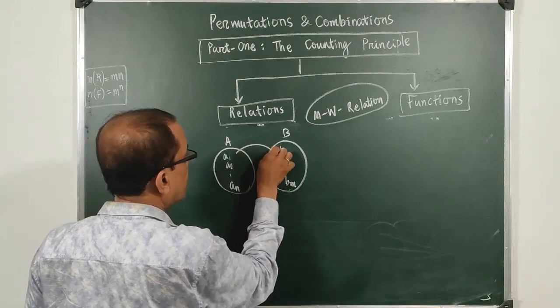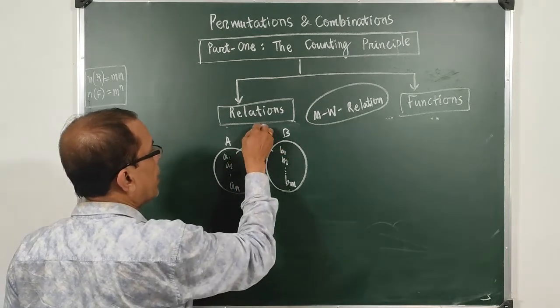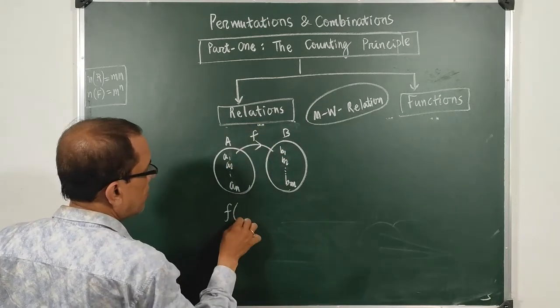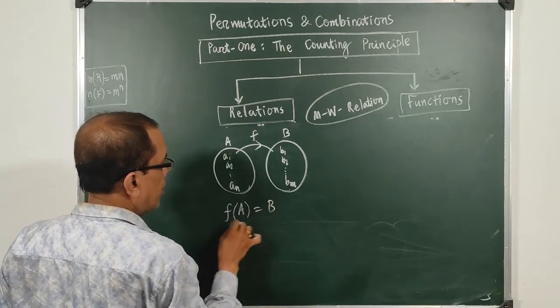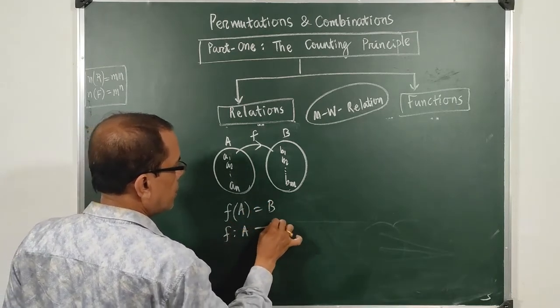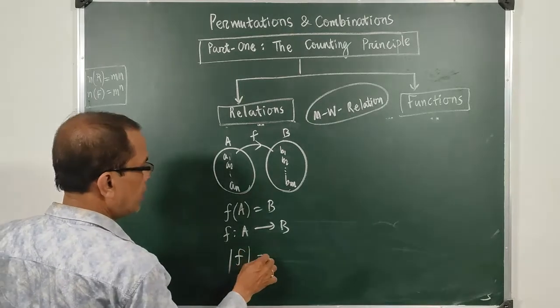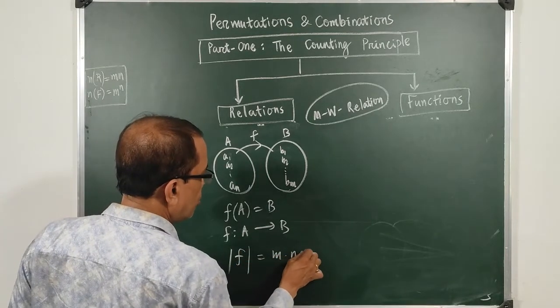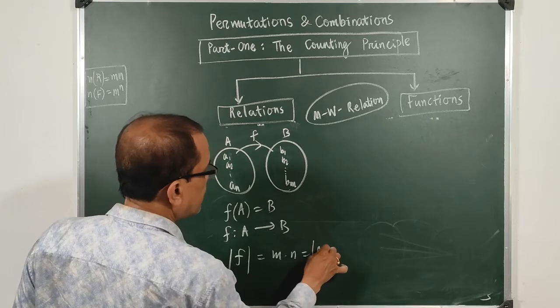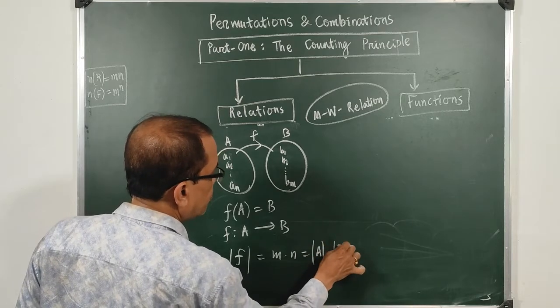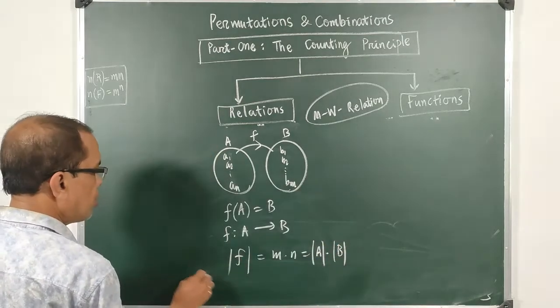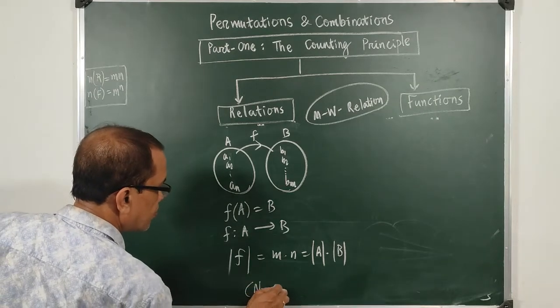Then the number of relations, if f is a relation here, f of A is equal to B, f is a relation from A to B, then the number of relations will be m into n, which is the cardinality of A into cardinality of B. This is the number of relations.